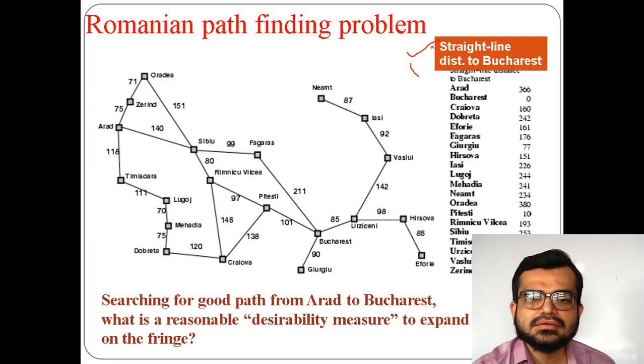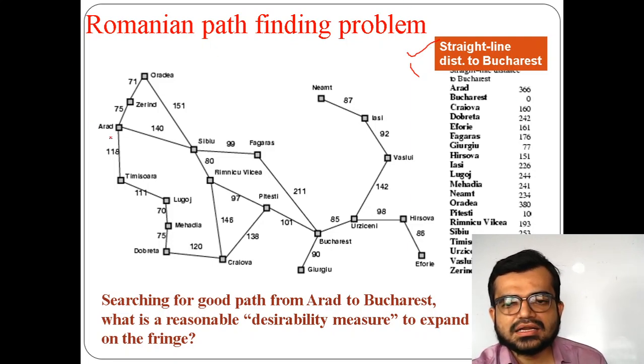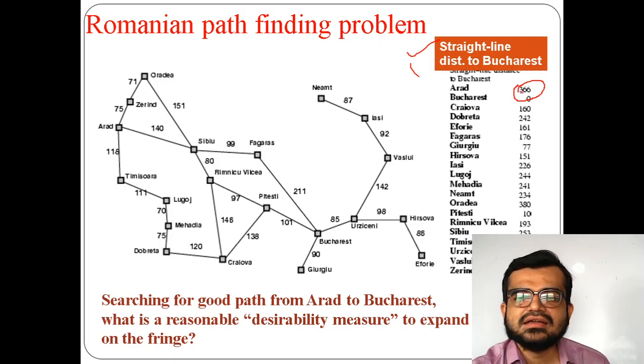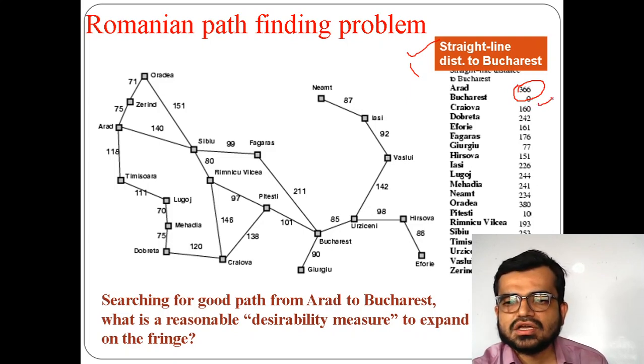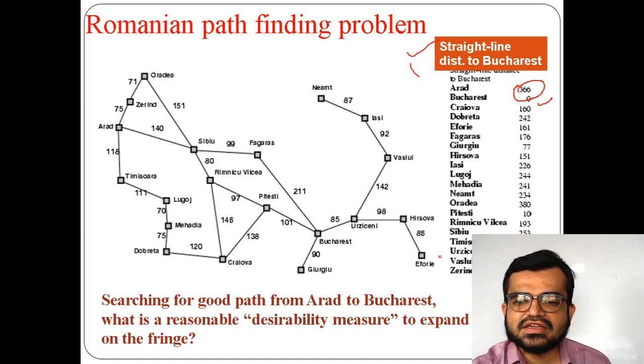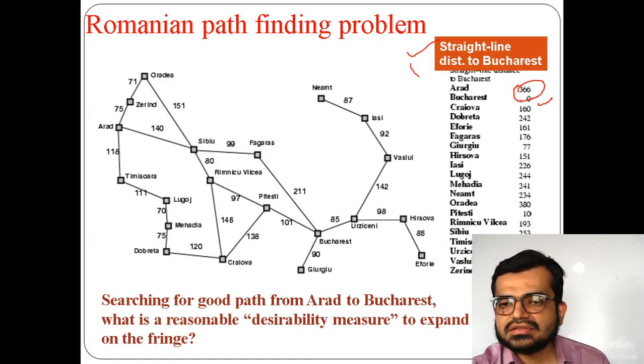For example, from Arad to Bucharest, Bucharest is your destination. So if you see, 366 is your straight line distance and Bucharest is 0. Why is it 0? Because that is only your destination. Similarly, from multiple cities you are reaching the destination Bucharest by so and so straight line distance.